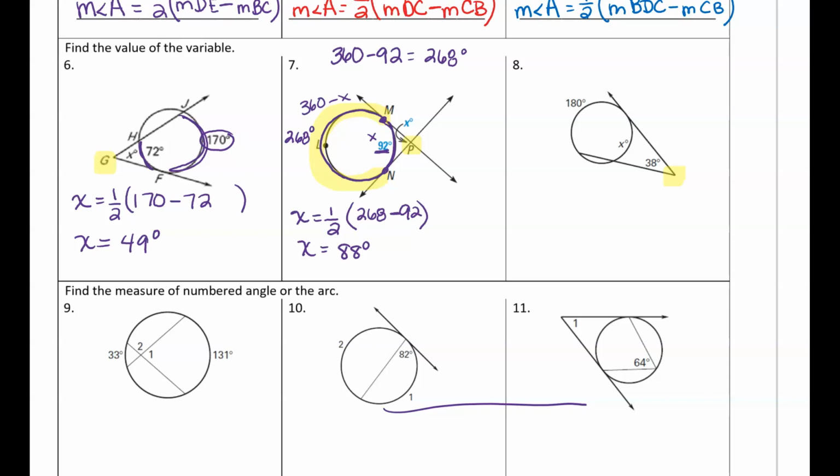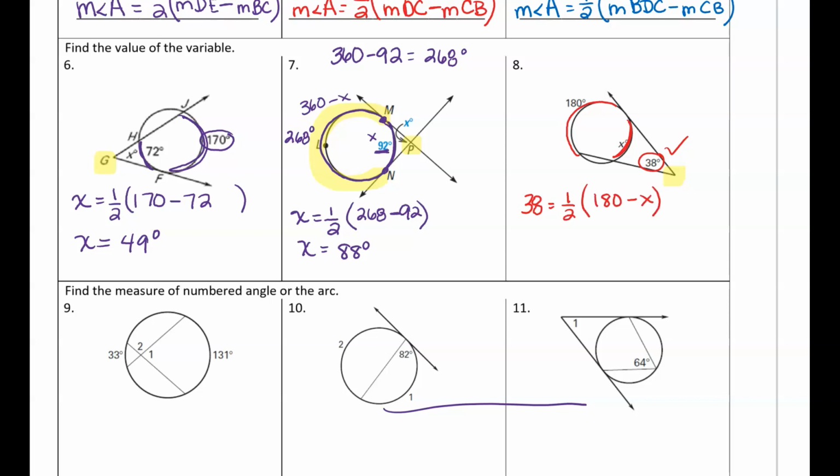Now, question 8, okay, this is a tangent secant, but again, don't get too concerned with the names. What I really need for you to know, this is one arc, this is the other arc. Now, 38 is given to us, so this is where we have to know what the formula is saying. It is saying the angle 38 is equal to 1/2 the big arc subtract the smaller arc.